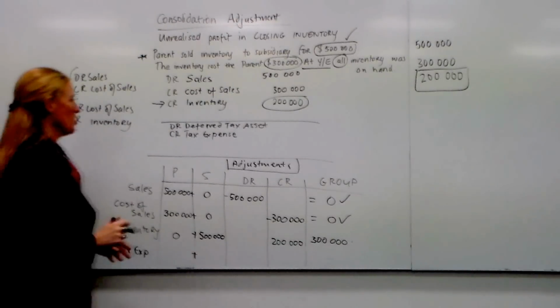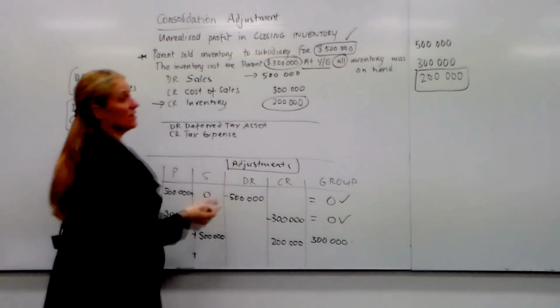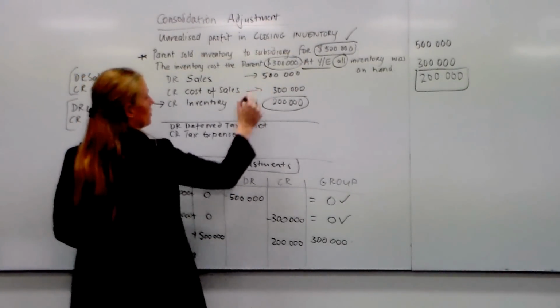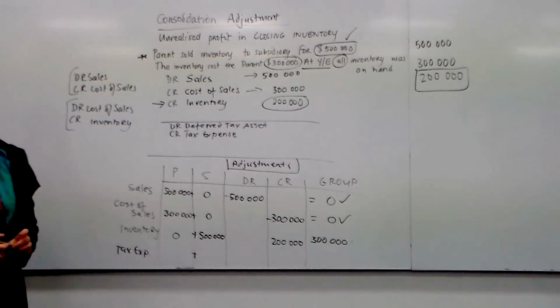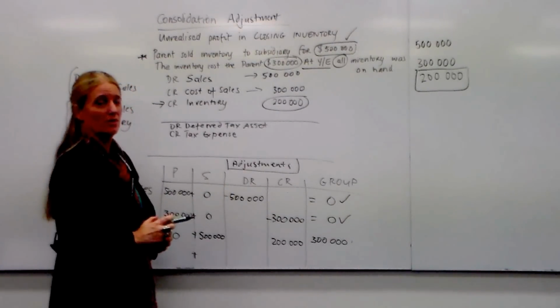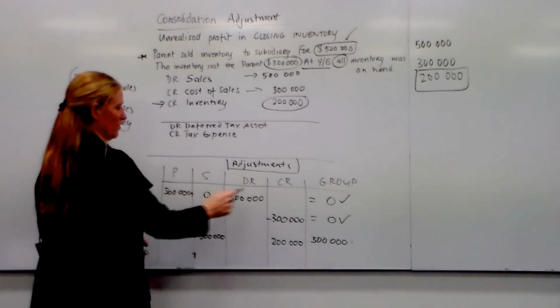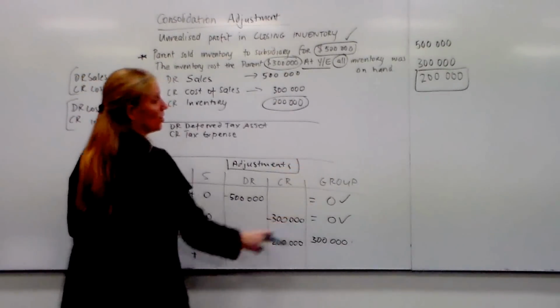Okay, so we haven't recognized that profit. We have in fact decreased sales by 500. We have decreased cost of sales by 300, and so therefore the profit has been reduced by 200 for the group. When we add up the figures, we've simply reduced the profit for the group.